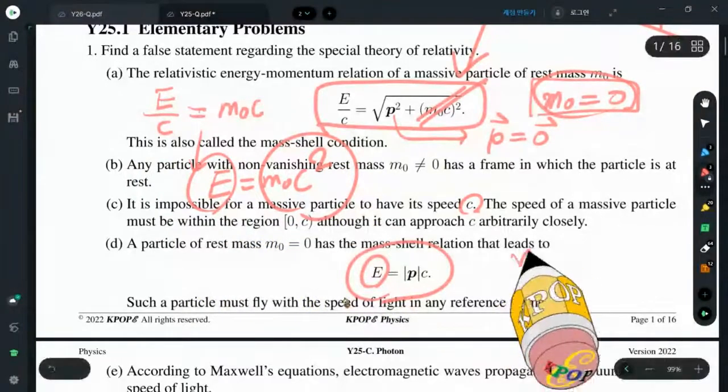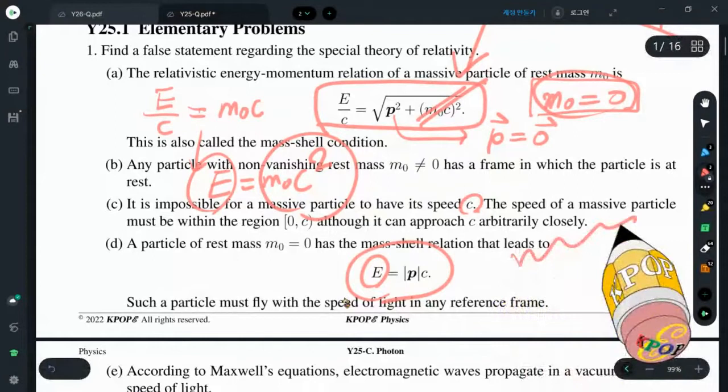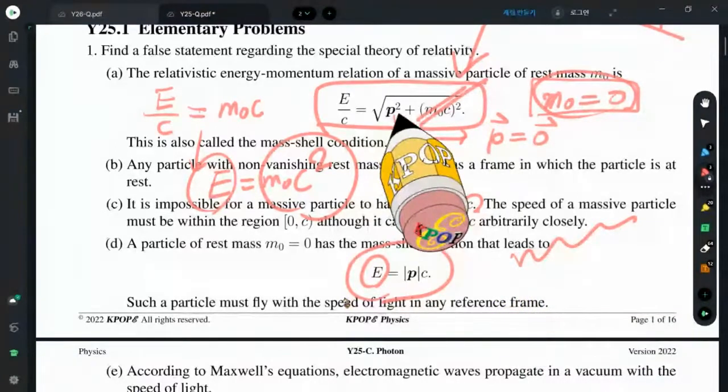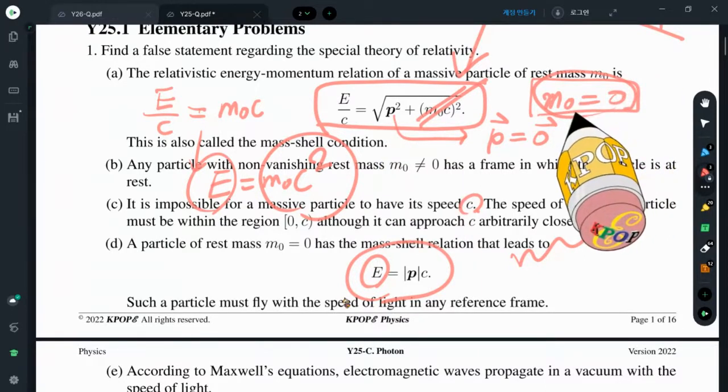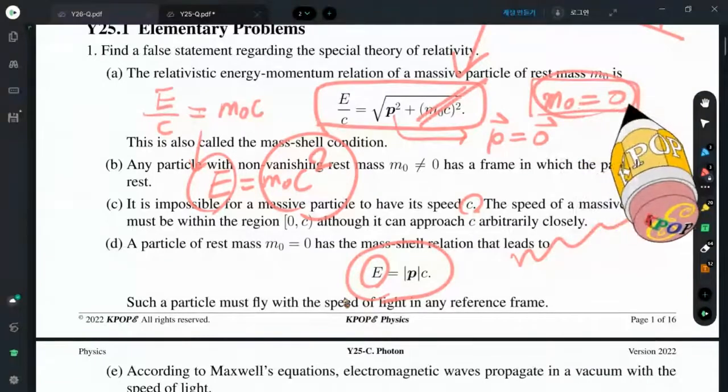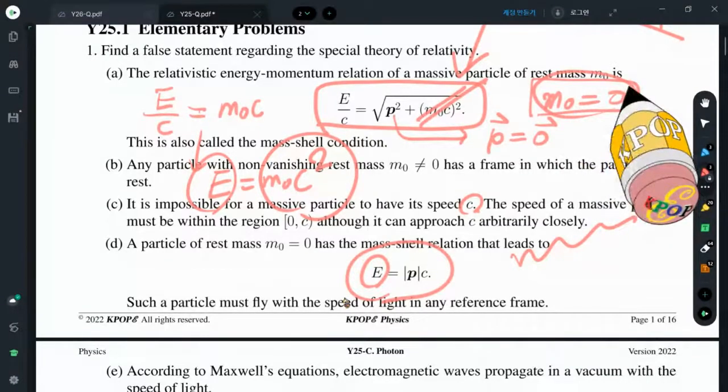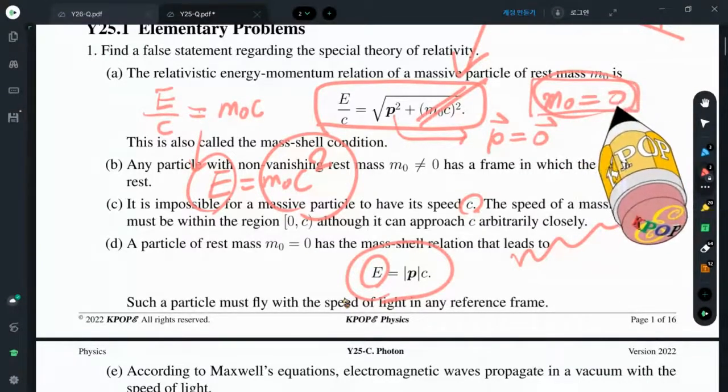However, a photon never stops. It is impossible for the velocity of a photon to be zero. The only possible case is that the mass of the photon should be zero. So there is no rest frame of light.